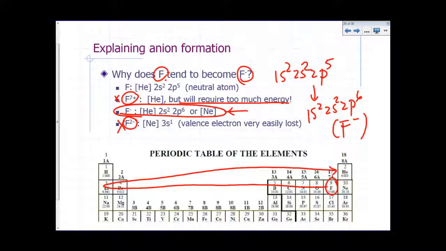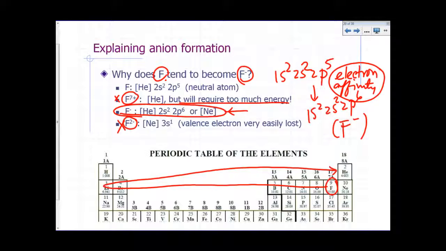That actually releases energy, and the energy release there is called the electron affinity. So we say fluorine has a high electron affinity. That is what tends to happen with fluorine when it interacts with other atoms. It has a tendency to acquire an electron instead.